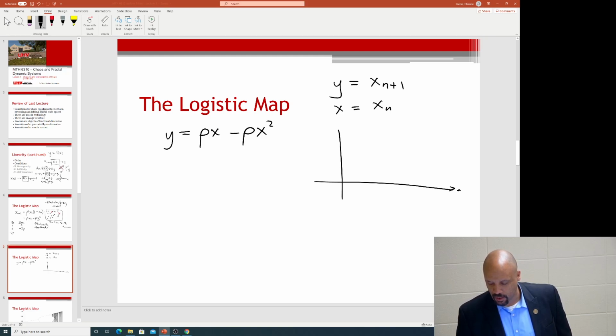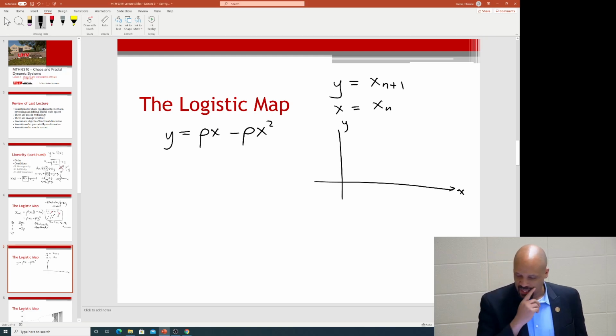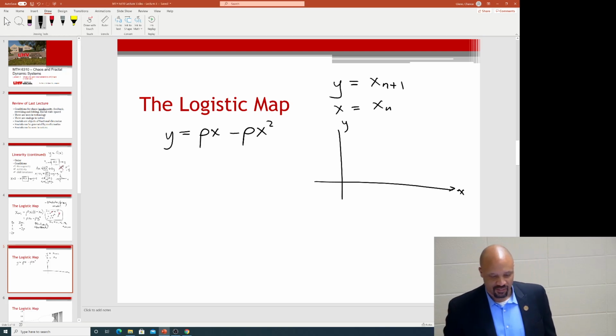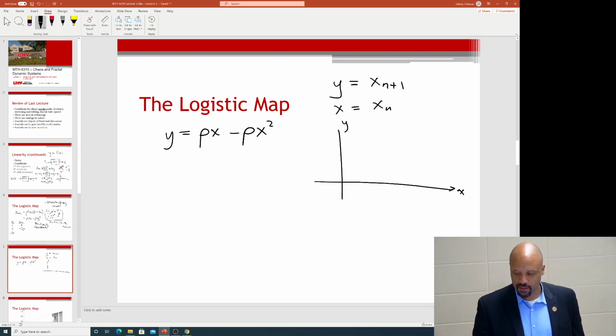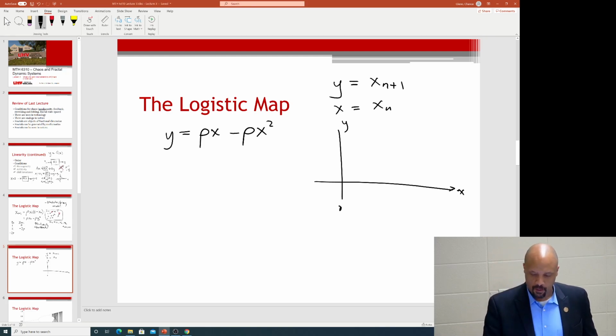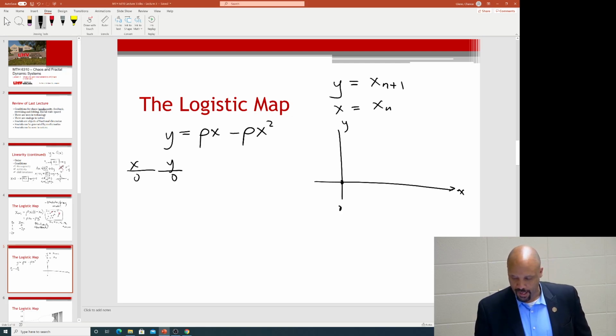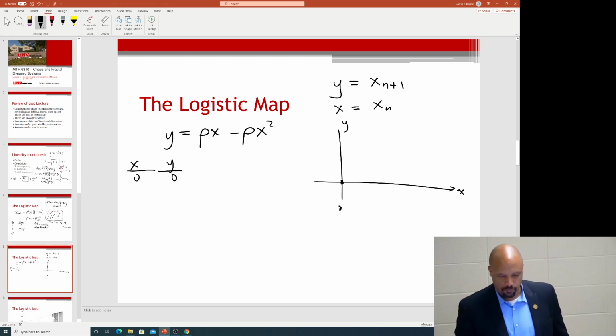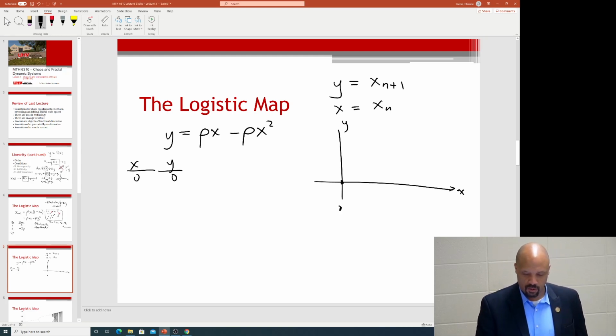So here's x, here's y. Let's find out, first of all, where y is 0. Well, at x equals 0, if we plug this in, we know that y is 0, so we know that. But let's also figure out where else y is 0.